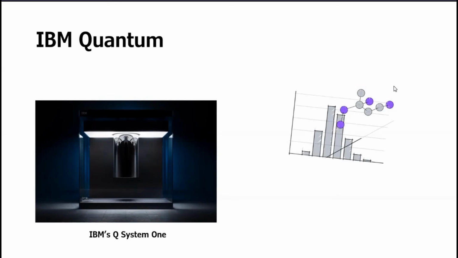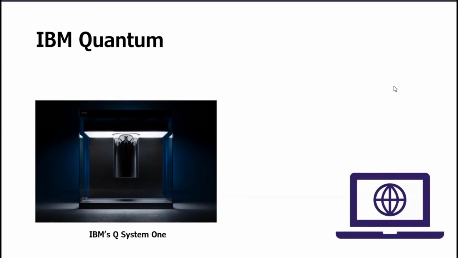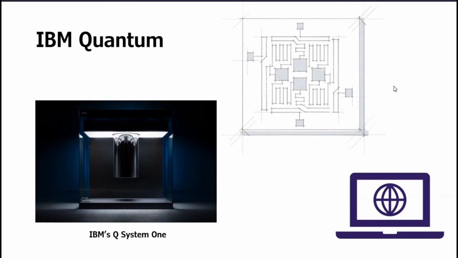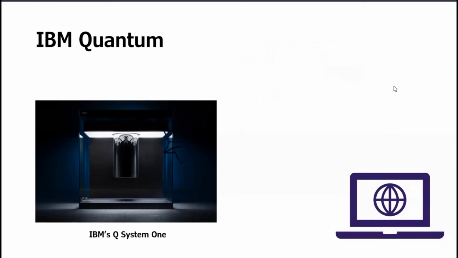Then you use your laptop and code in Python to program what you want to do. Qiskit already has a lot of circuit libraries, so you can use that to program it and send it to the IBM quantum computer. Then it will calculate the actual quantum circuit and give the result back to you.